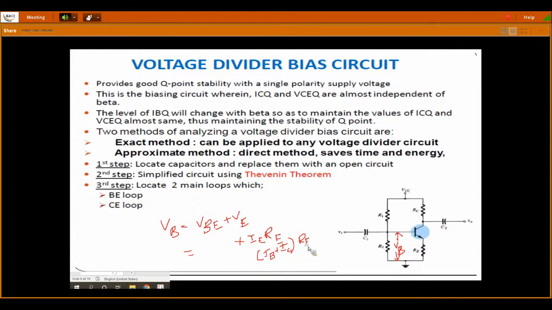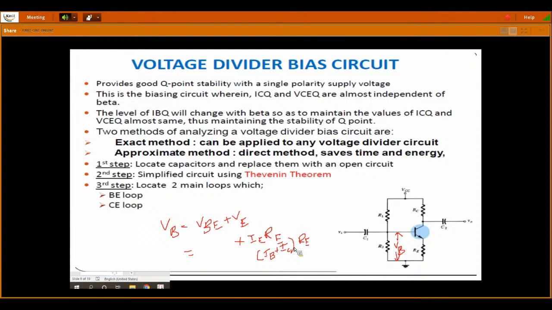Now in order to analyze this voltage divider biasing circuit, we follow the same methodology as the fixed biasing circuit, but the complexity of the circuit is high compared to the fixed bias circuit. Hence we move to the Thevenin equivalent.